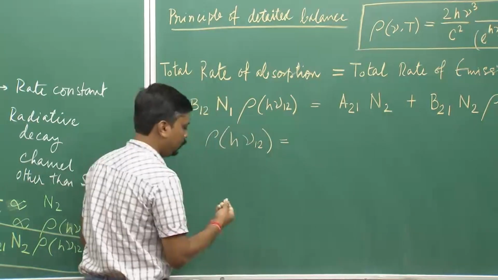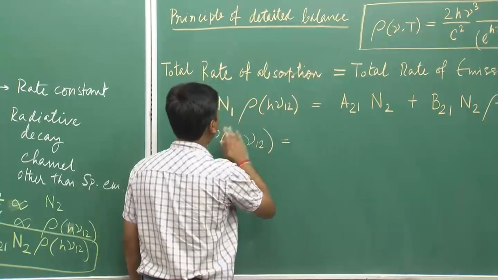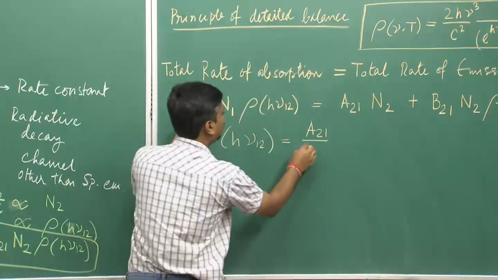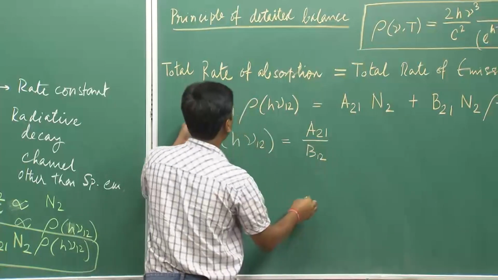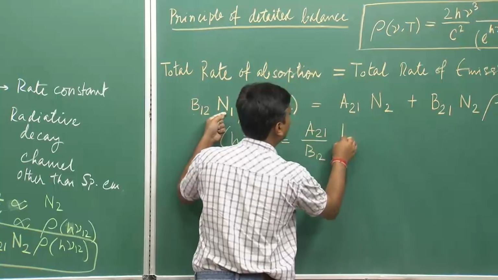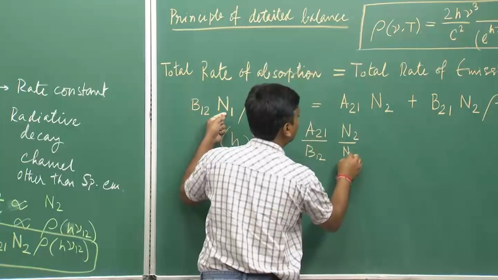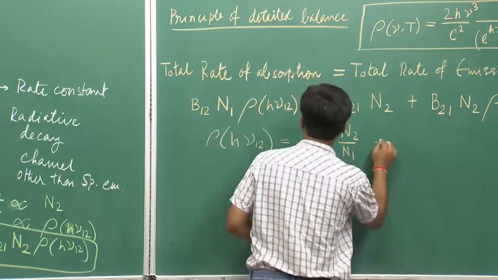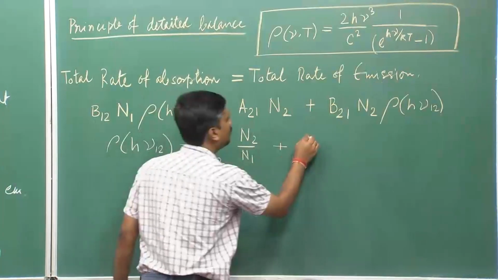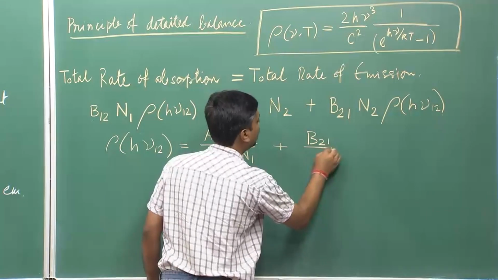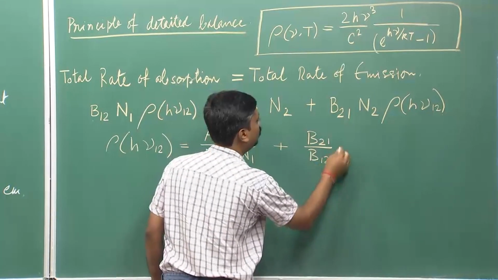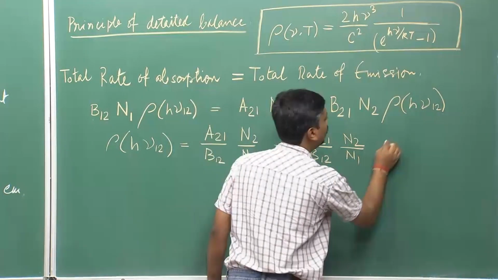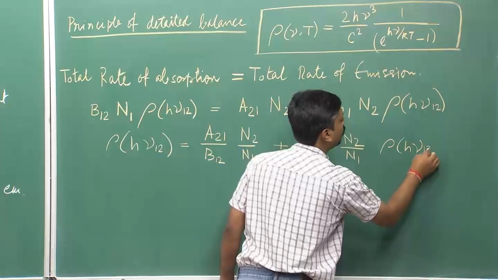So, this is equal to, I am transferring this one on this side, A21 by B12 and then again dividing by N1, so N2 by N1, plus B21 by B12, N2 by N1, into rho h nu 12.